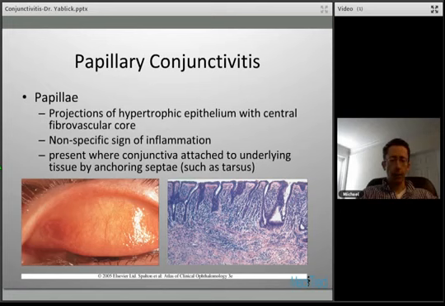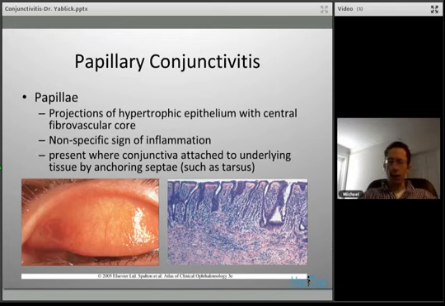And so on the left-hand picture there, you can see that you sort of have this fine papillary appearance to it. It's not a smooth surface, especially in the light reflection there. You can see the typical appearance of a papillary pattern.